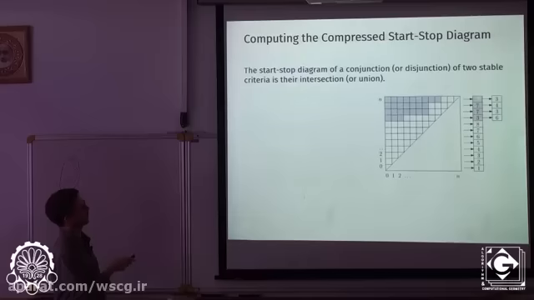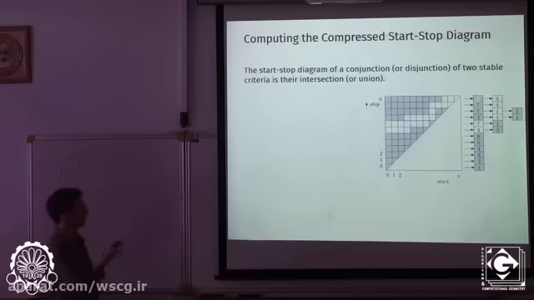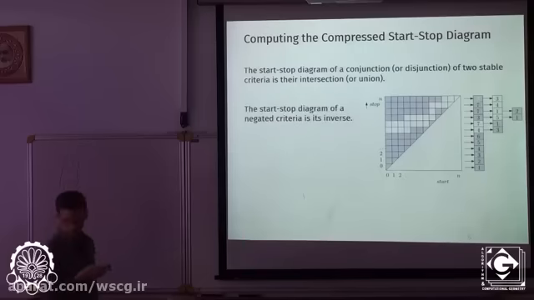So for instance, if this is an increasing monotone criterion, if I want to combine it with a decreasing monotone criterion, then that is a fairly simple operation to do, which I can still do in linear time. Also, if I need to negate a criterion, that I can also do in linear time, then I just have to change essentially those colors, you could say, what's free and what's forbidden.